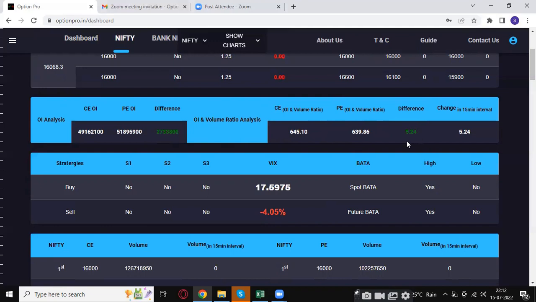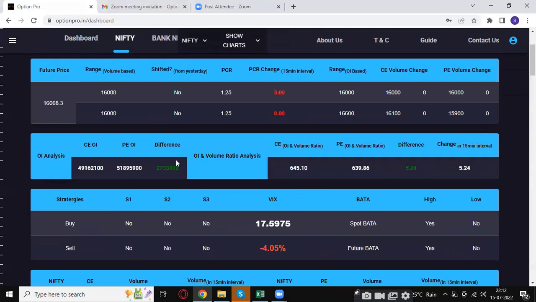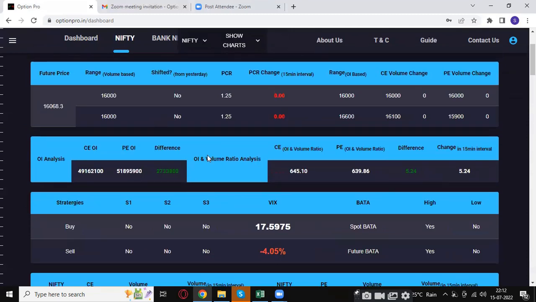If this difference is increasing, it is positive, and if it keeps getting positive or increasing, then it is on the positive side. If it is negative and keeps getting negative, it is a negative indicator, right? So based on that, you can analyze it. Based on this data, we have given the chart also with a 10-minute interval, and I will explain that too.